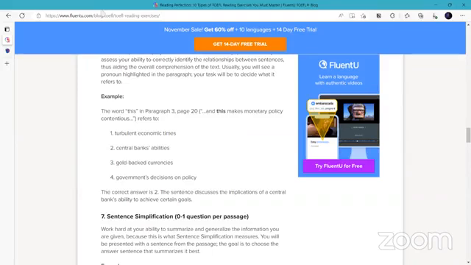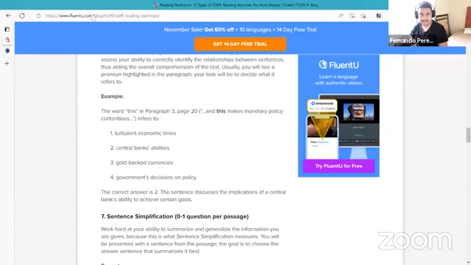Government's decision on policy. The correct answer is 2, central bank's ability. The sentence discusses the implication of a central bank's ability to achieve certain goals.